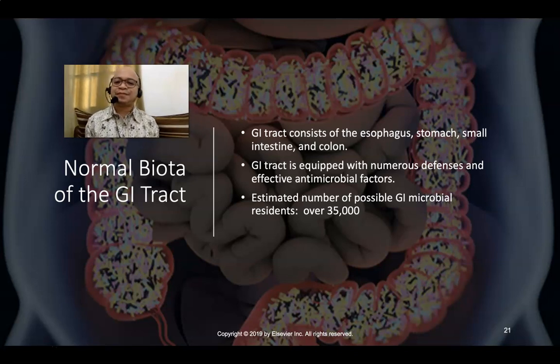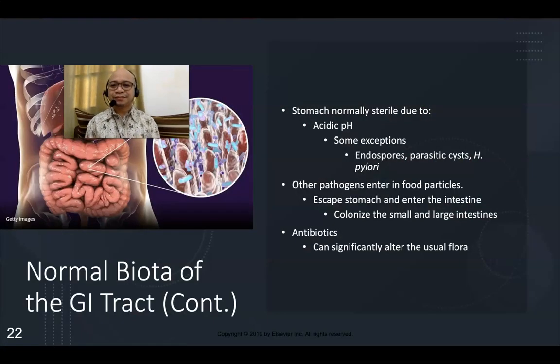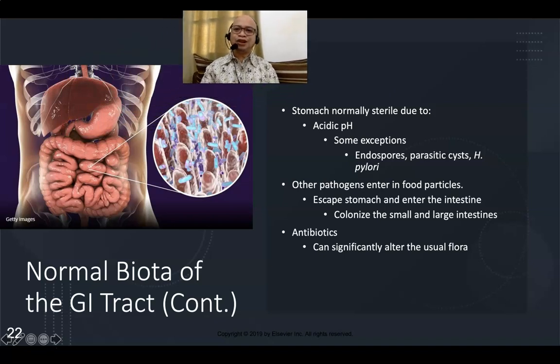Do you know that it is estimated, okay, that the number of possible GI microbial residents would be over 35,000. So in terms of population density, our gastrointestinal tract has the highest number of microorganisms. So the stomach, as what I've told you, is normally sterile because it is very corrosive due to its very acidic pH.